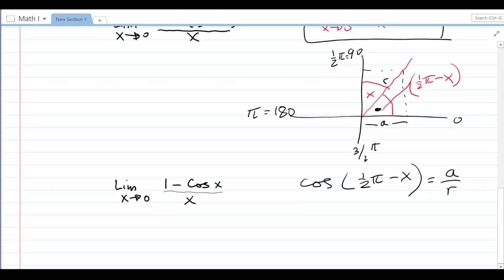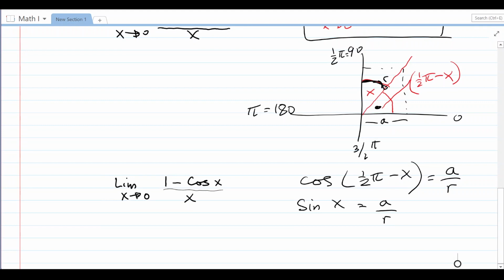Similarly, if you look at this quadrant, the value of sine x, by definition, for this angle here, equals a over r. This is the a, and this is the a also.